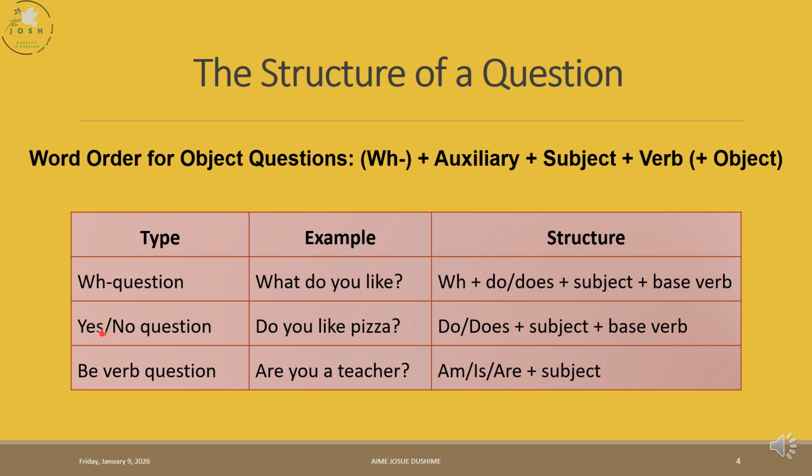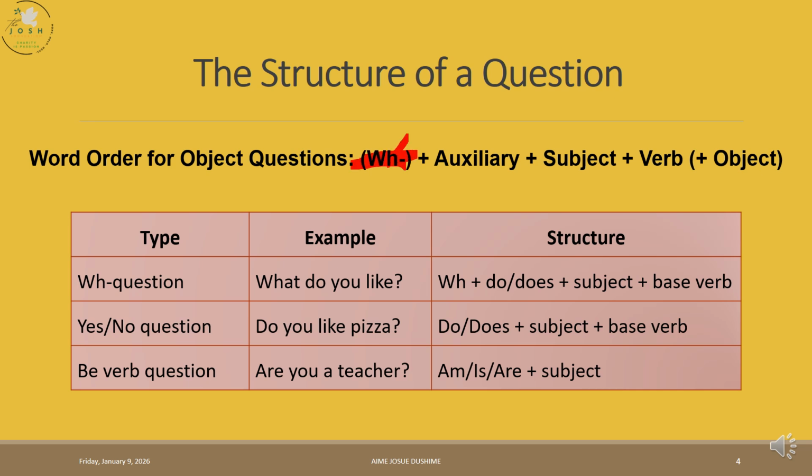And we have what we call the yes/no question. This is a question we ask when we want the answer to be yes or no. In this case, the structure changes. For the yes/no question, we remove the WH. We take it off.